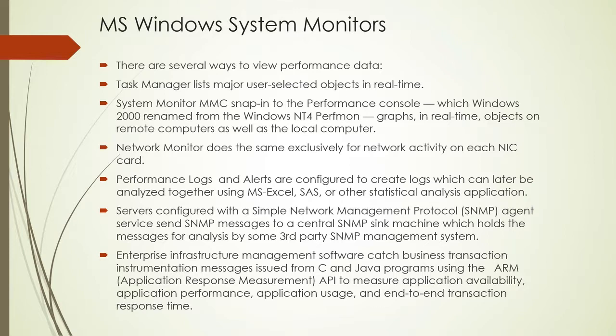What processes are running on the server, everything about your server they can give. Earlier it was not that simple, you needed to configure it on your own. There was an Application Response Measurement API, written in C and Java, which was used to measure application availability, performance, usage, and end-to-end transaction response. So this was the earlier time. Nowadays it's very simple with APMs.